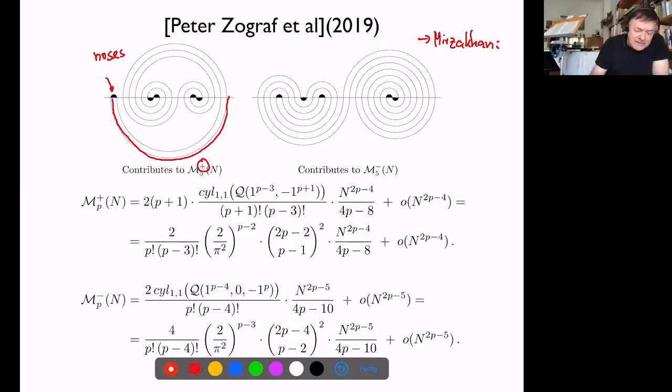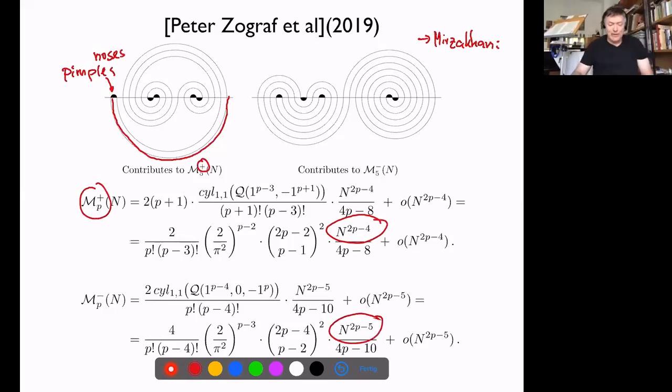And these are in black here, and he calls them pimples, which is also not unrelated to noses, because you may have these little blisters on the nose. And then he says the ones with a rainbow, they behave like n to the 2p minus 4, and the ones without behave like n to the 2p minus 5.